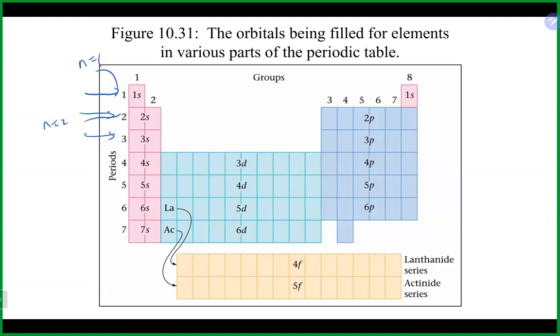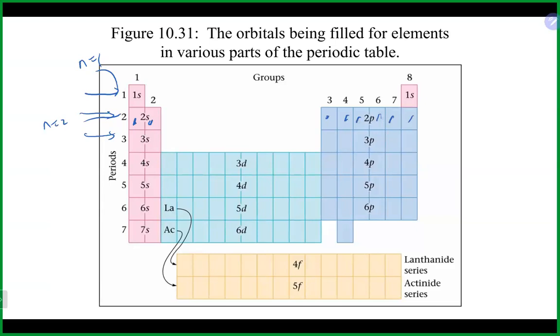When we look at the periodic table, the first 2 groups are the s block, and that's because s orbitals can hold 2 electrons, right? So 1 electron, 2 electrons. If you look from group 3 to 8, that is the p block, and that's because p subshells can hold 6 electrons: 1, 2, 3, 4, 5, and 6.